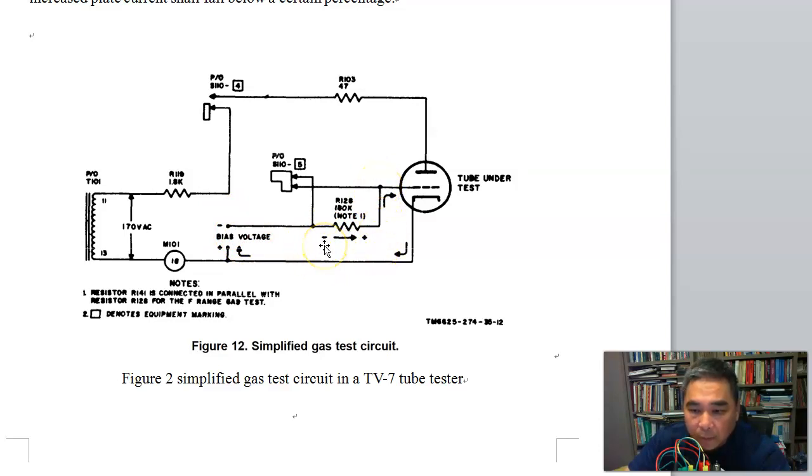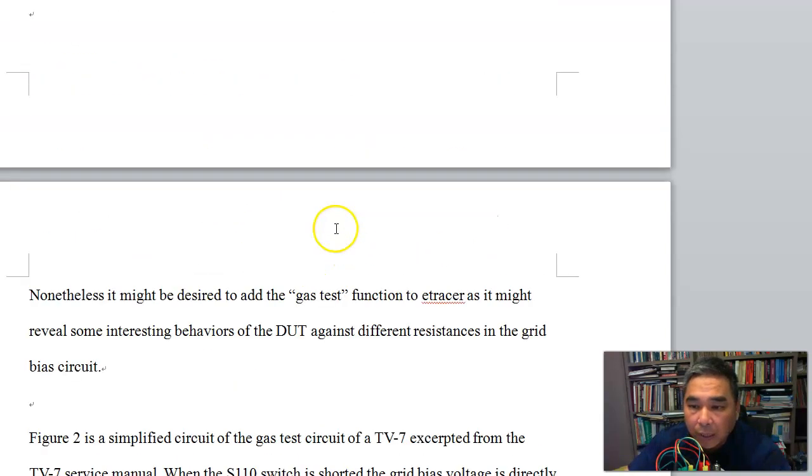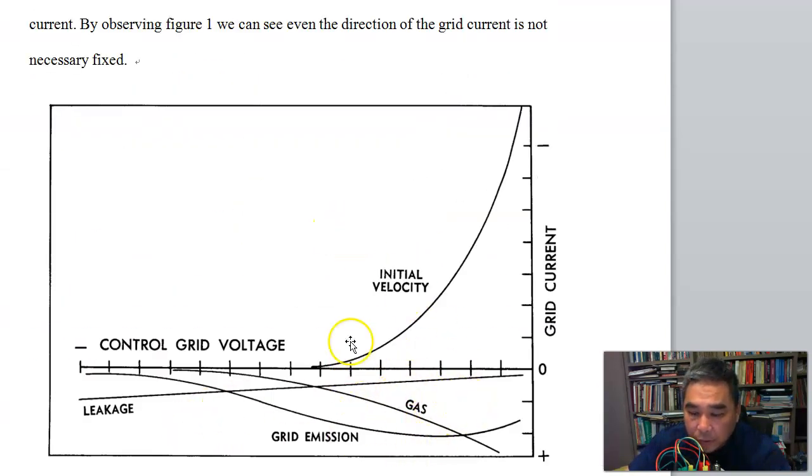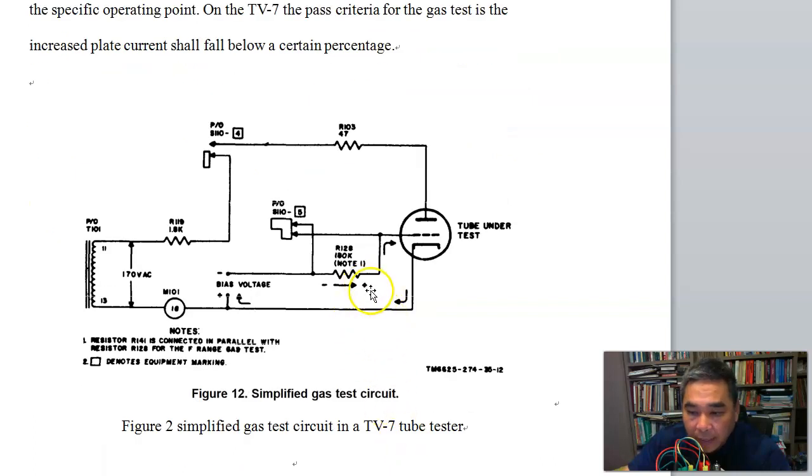In the TV7 menu, it assumes that the direction of the grid current is always in one direction. If you look at the sign here, this is positive, this is negative. So this is a negative power supply, and it assumes that with the grid current, the voltage drop here will cause the voltage on the grid to be at a higher potential than this bias voltage.